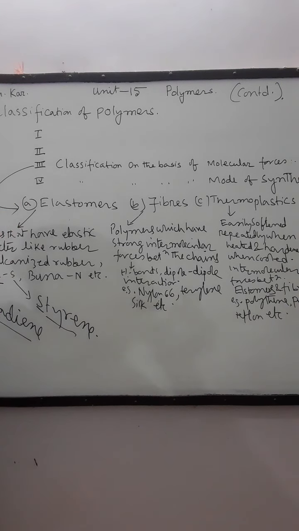It is also an example of elastomers. Third one, Buna-N rubber, is also an elastomer like Buna-S and vulcanized rubber. So to conclude, elastomers are polymers with elastic character like rubber, and the different types are vulcanized rubber, Buna-S rubber, and Buna-N rubber.